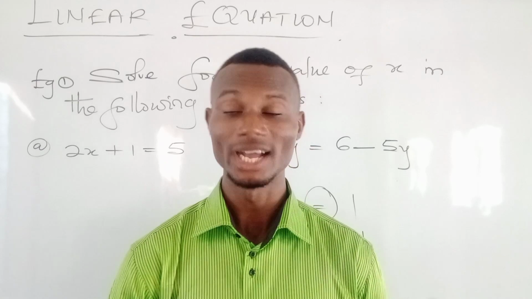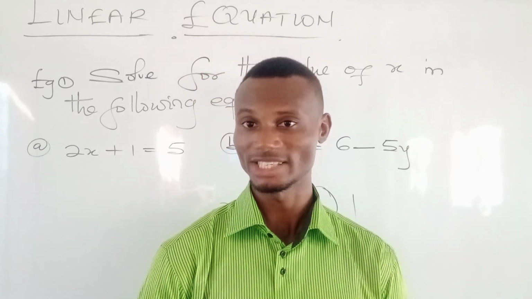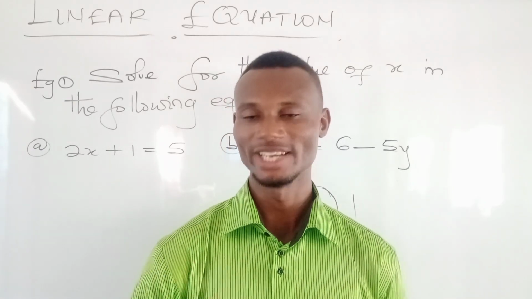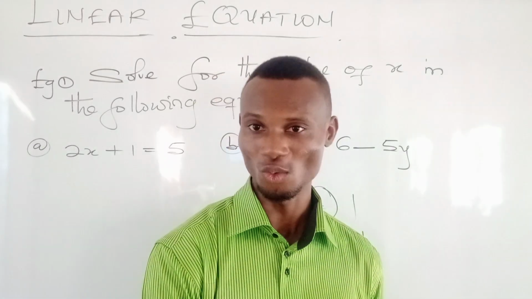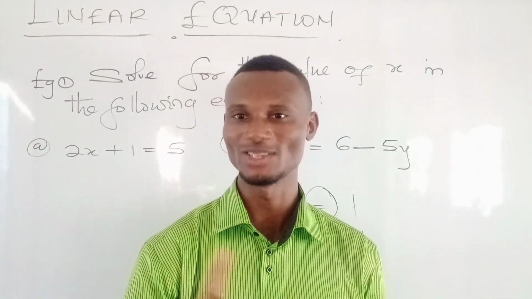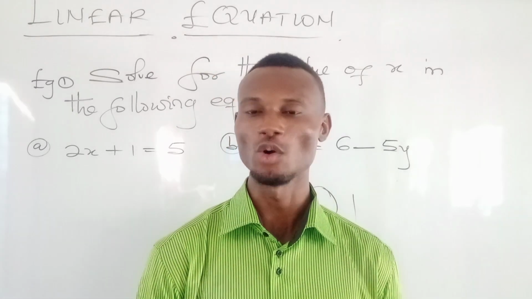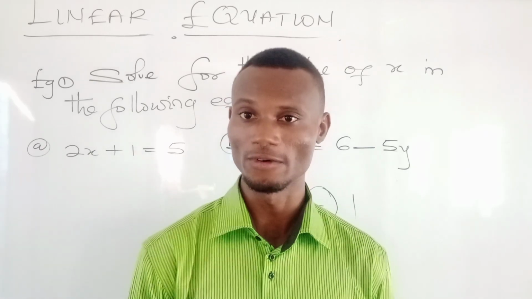it a linear equation. Okay, so for you to identify an expression as an equation, there are two key things you have to note. 1, it contains an equal sign. That is why we call it an equation. Equal sign, equation. Okay, it means it contains an equal sign. And 2, there is an unknown variable in it, which we don't know its value, so we will solve for its value.